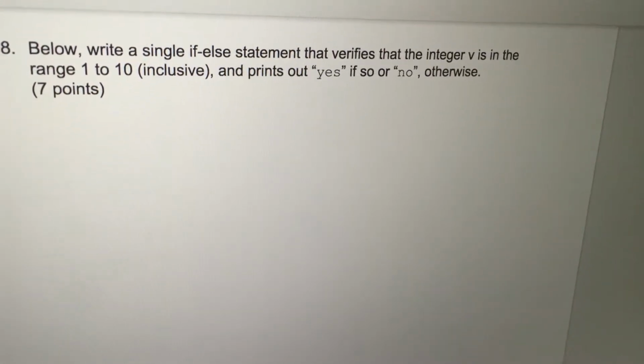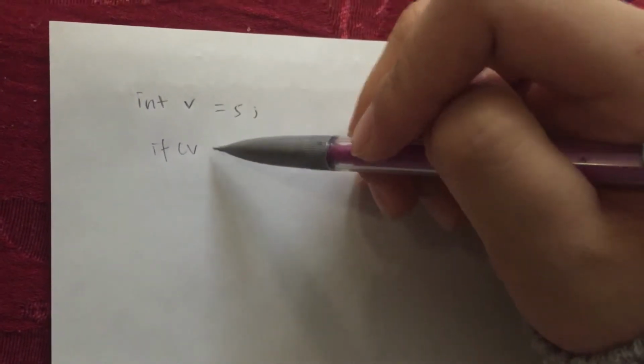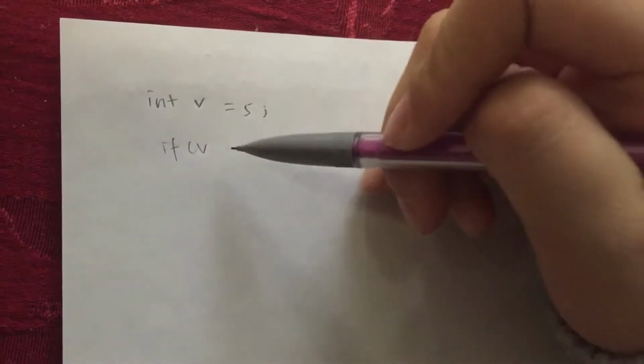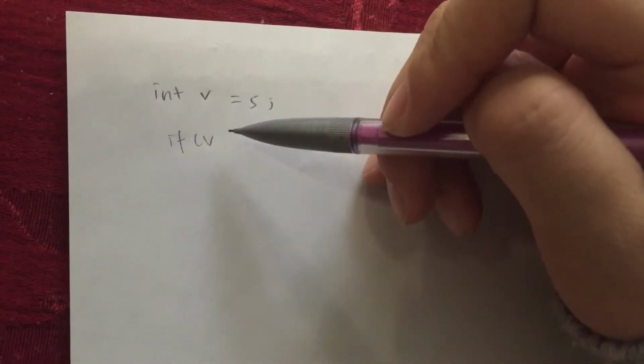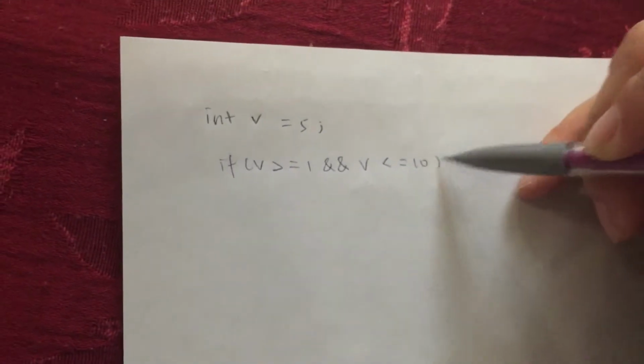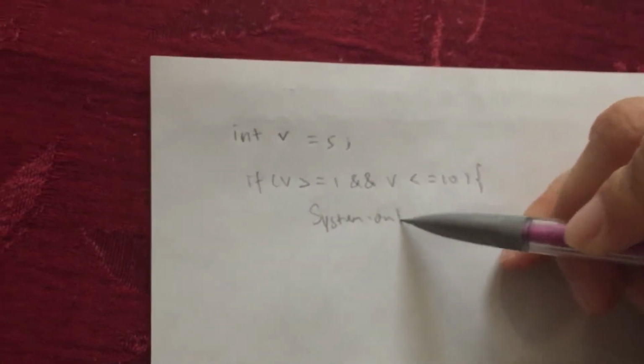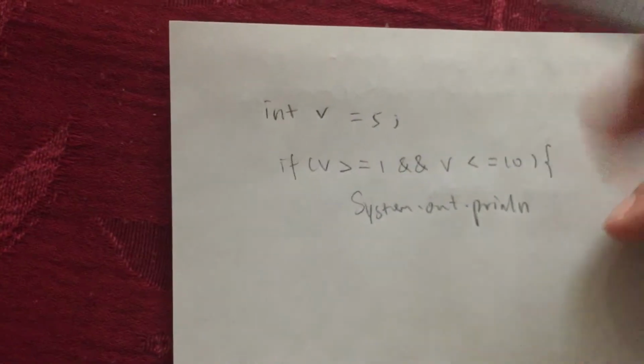Let's try to write it on the paper first. First, you will need an int v. Let's say it's 5. You can change this afterward. If it's within range 1 to 10 inclusively, so bigger than or equal to 1 and less than or equal to 10, print out yes.